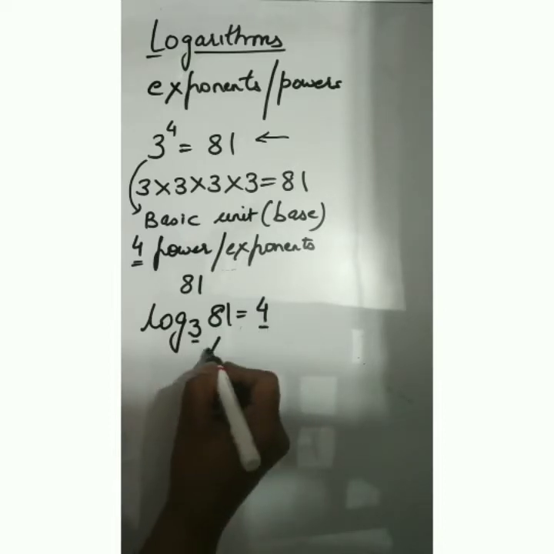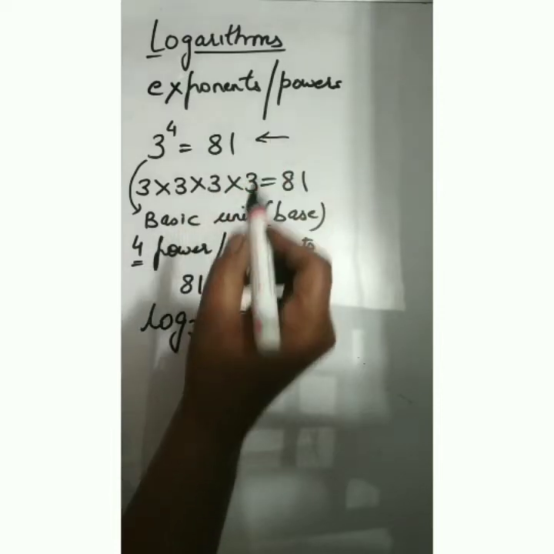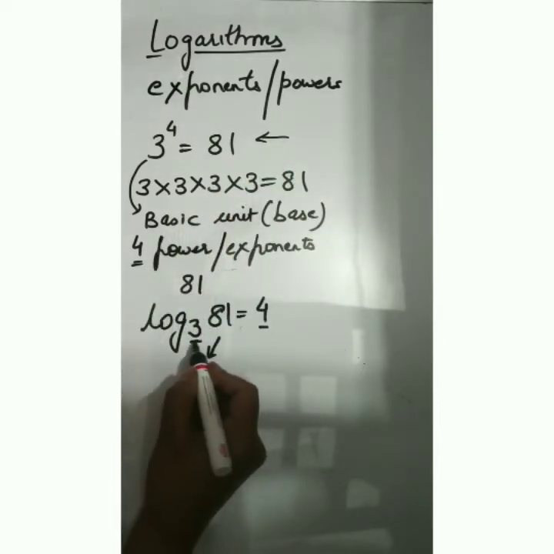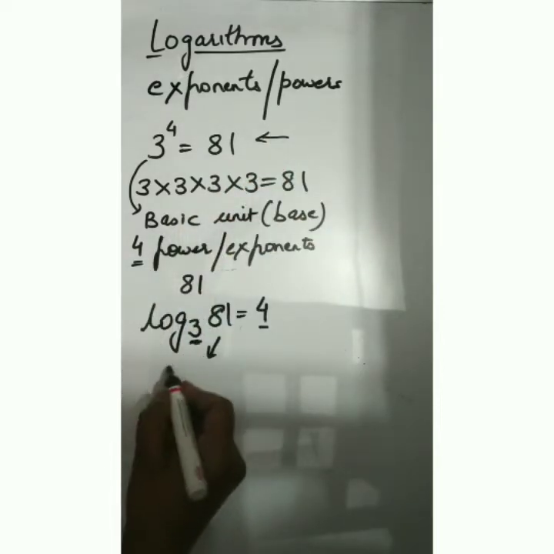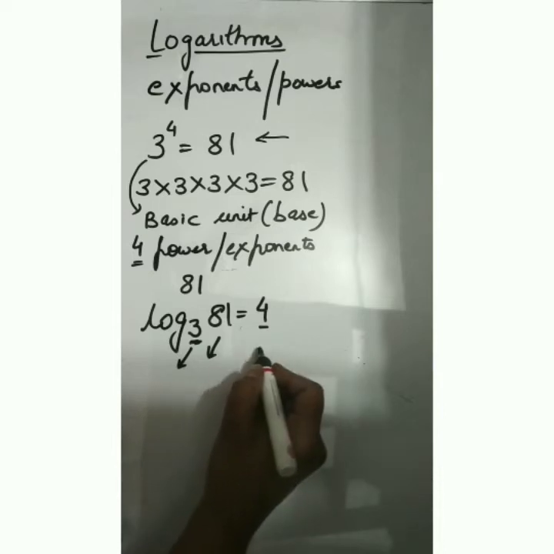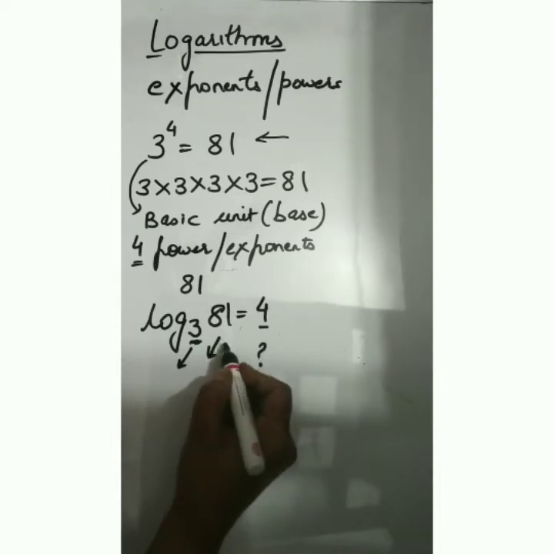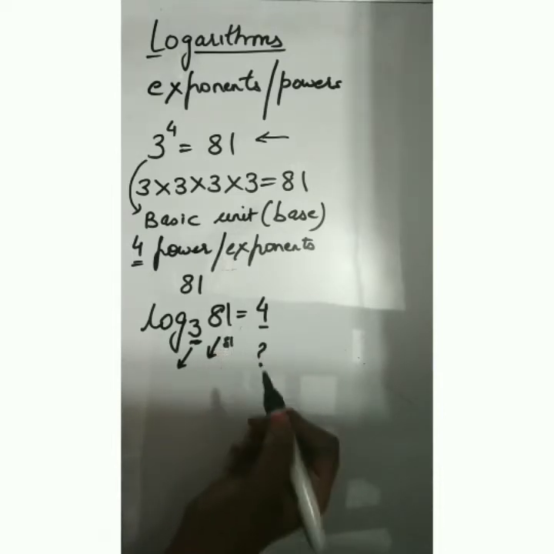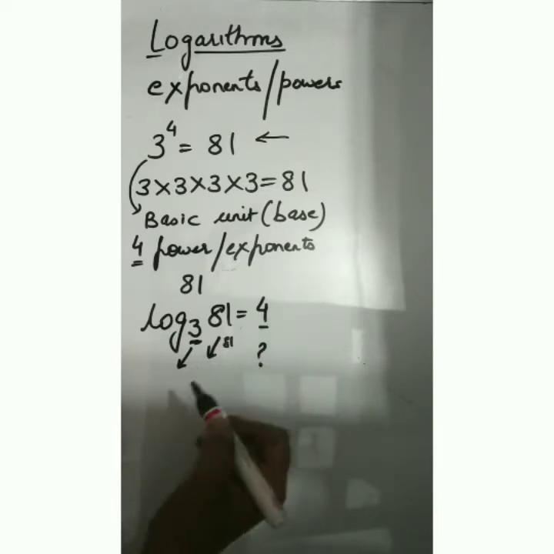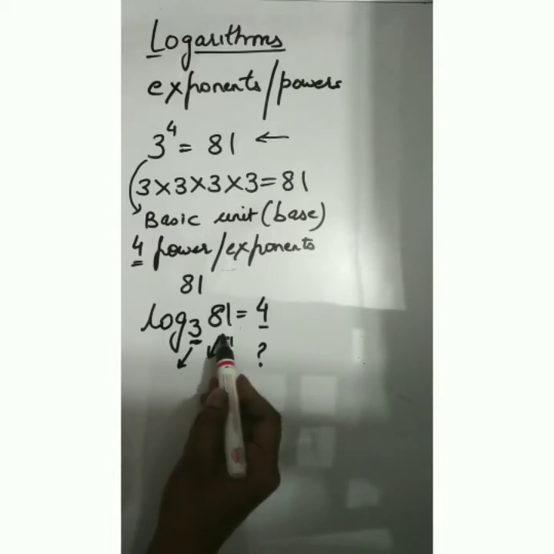That means the base, which is written as subscript, has to be multiplied by which number so that we can get our result as 81. We already know that if we multiply the basic unit 3 four times, we will get 81.